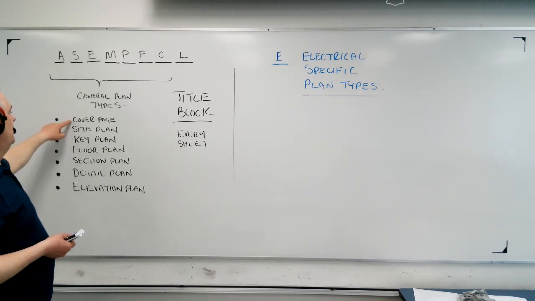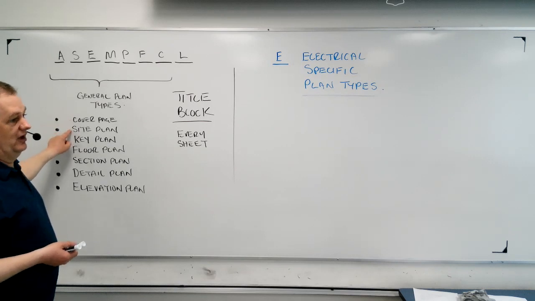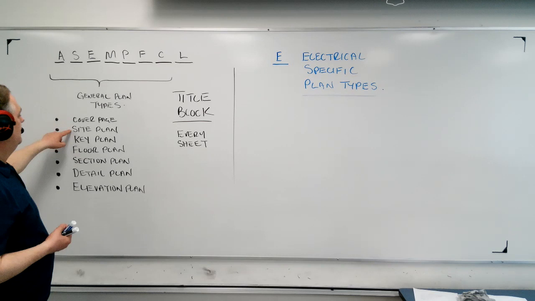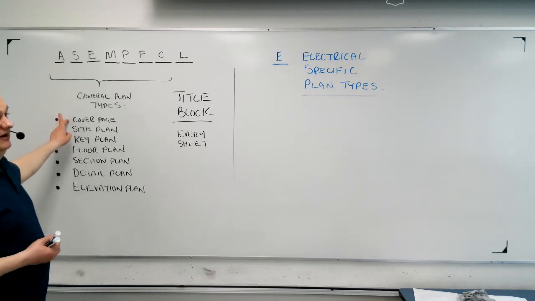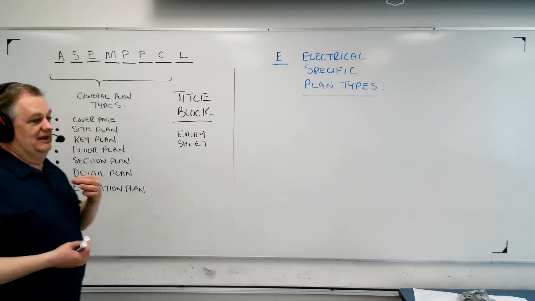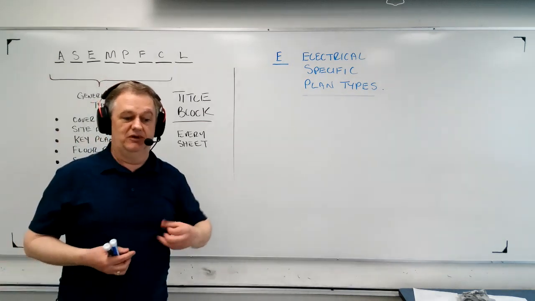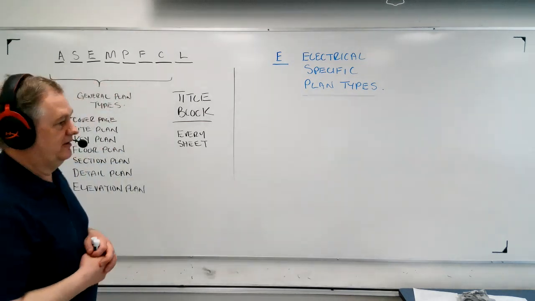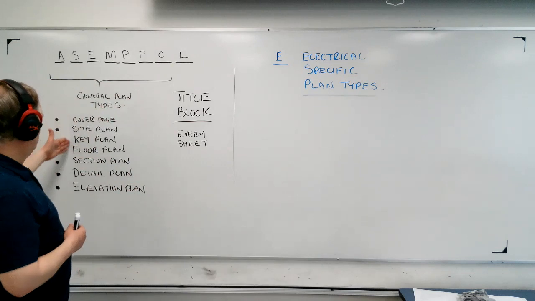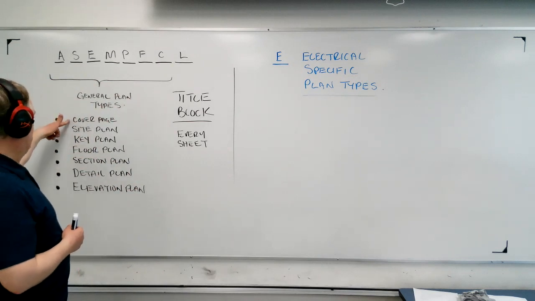Sometimes it's also worked together with a site plan, but quite often tabulated information, like a legend of symbols and a legend of abbreviations, is placed on the cover page.